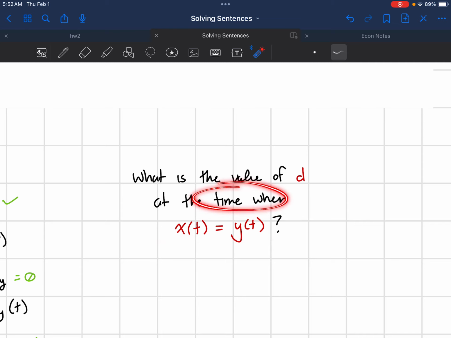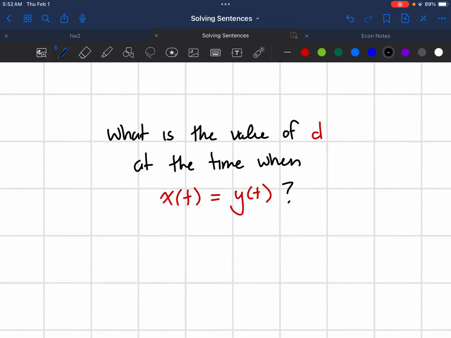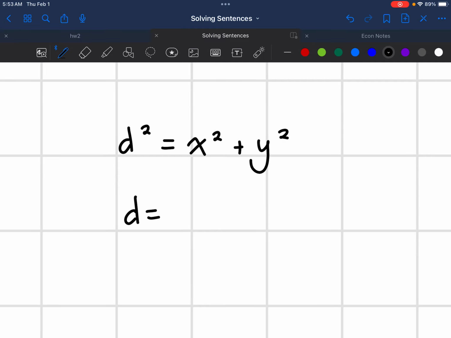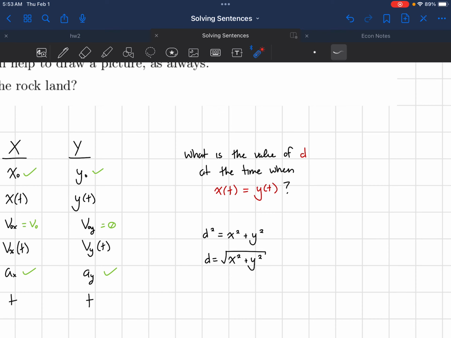And then I can use that time, plug back into my x equation to solve for x, use the same time, plug into my y equation to solve for y, and then by the Pythagorean theorem, d squared will be x squared plus y squared, or d will be the square root of x squared plus y squared. And that will be me answering my question of what is the value of d when x of t equals y of t.